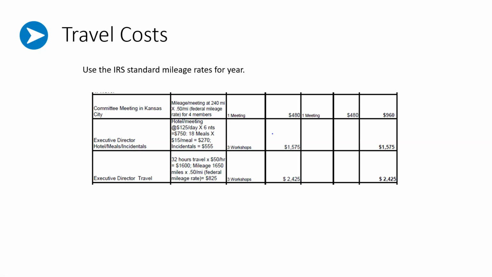Our budget notes would need to specify what those incidentals actually were. Then we have travel for the executive director, 32 hours times $50 an hour is $1,600. So we're taking into account their travel time, and we're taking into account mileage. $1,650 in miles times 50 cents a mile was $825.